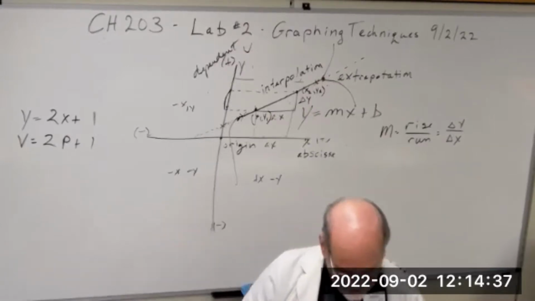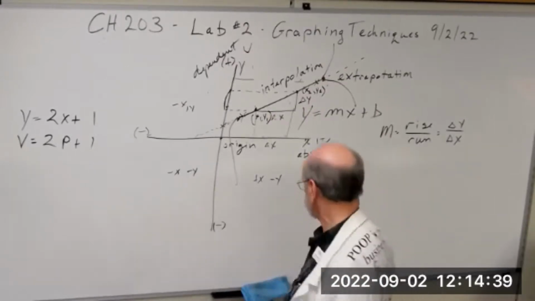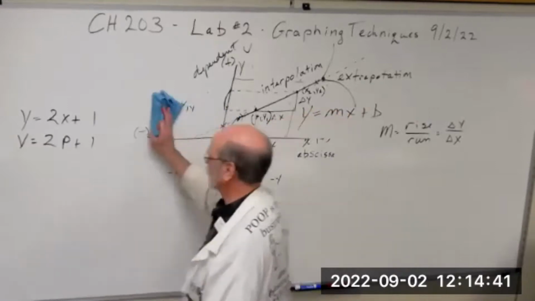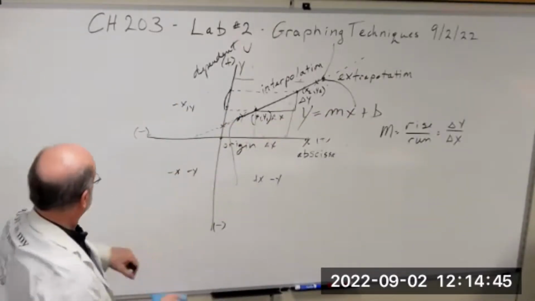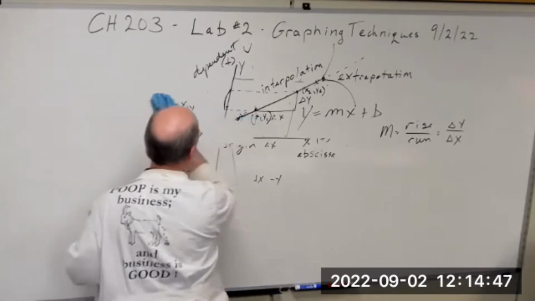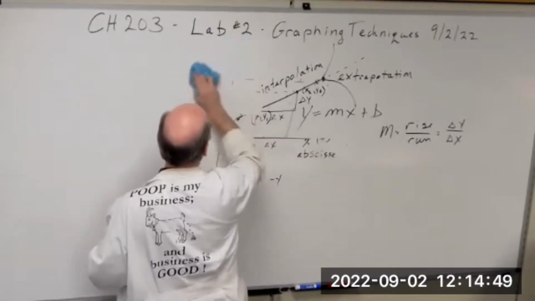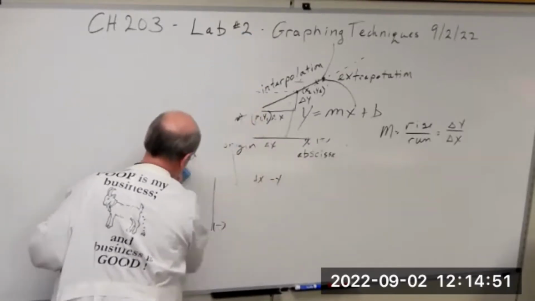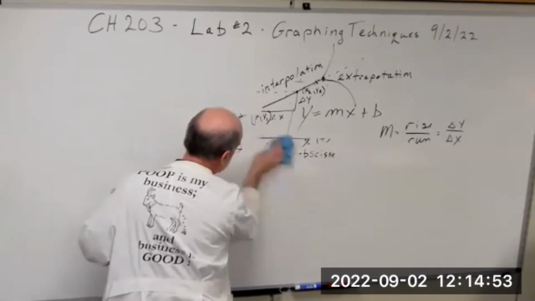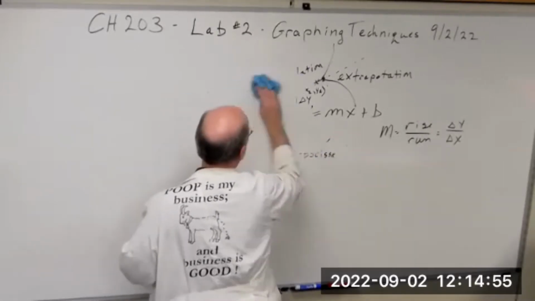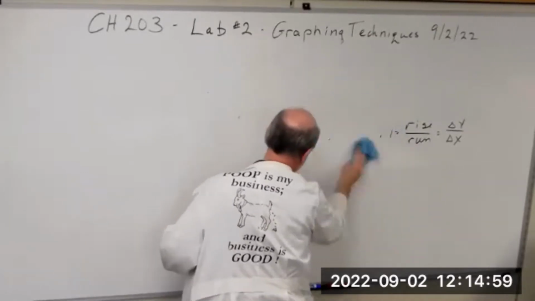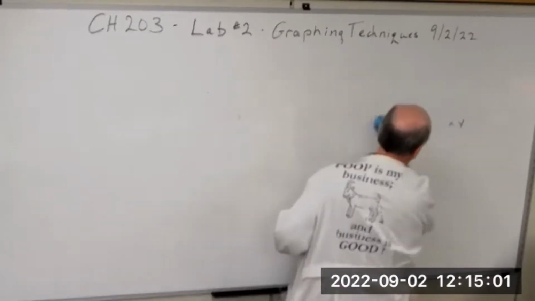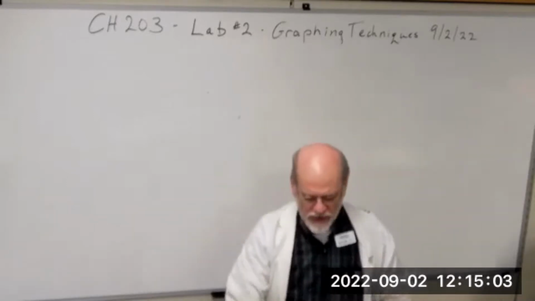Nonlinear relationships. Okay. All right. So let me make some room here. How are we doing on time? 3/4 of an hour left. Eventually I'm going to get to the best way to use your graph paper, right?